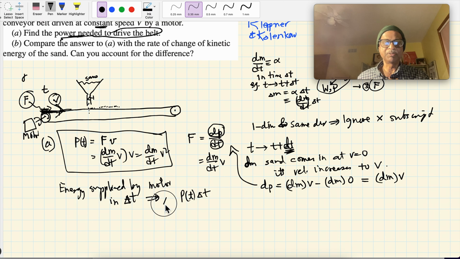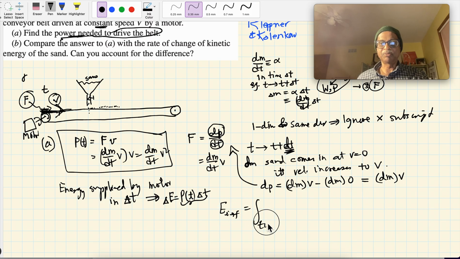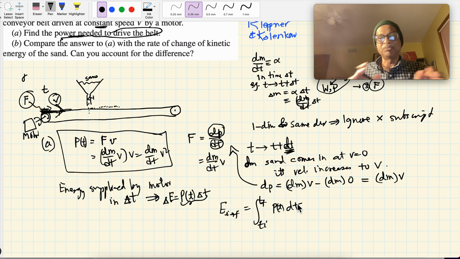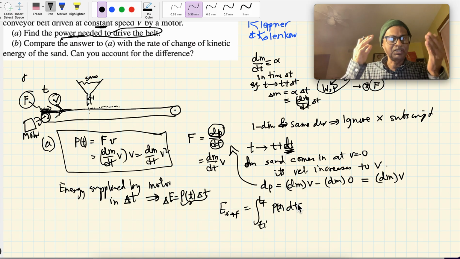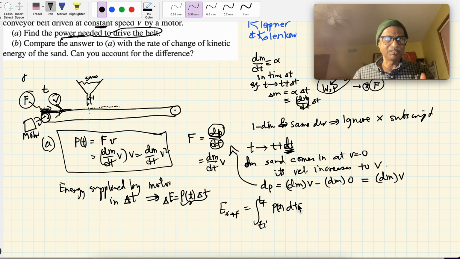So this is the amount of energy. And of course, if you are going to do it for a large amount of time, then E from some initial to final time will be the integral from time initial to time final of P of t dt. So you have to do those integrals. That's not what the question is asking for. So just an aside, something that you should keep in mind in case it shows up somewhere.